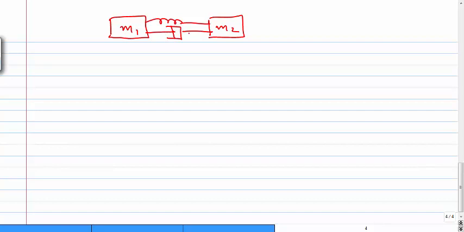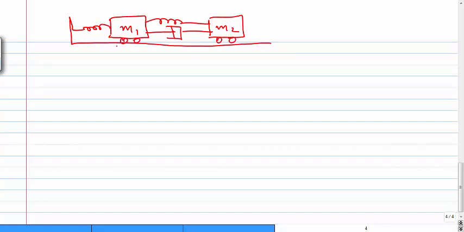So here we have two masses. This is mass 1, this is mass 2. Okay, so mass 1 is connected with a spring. In between there's a damper, and there's a spring, and this is a rigid body, and these masses are movable.